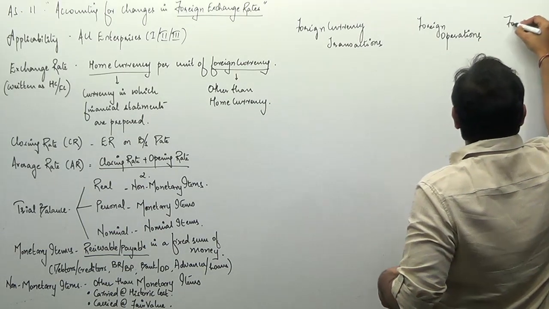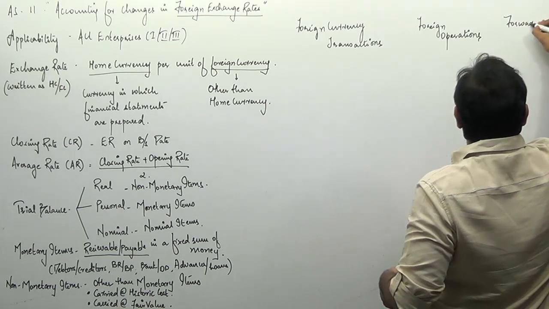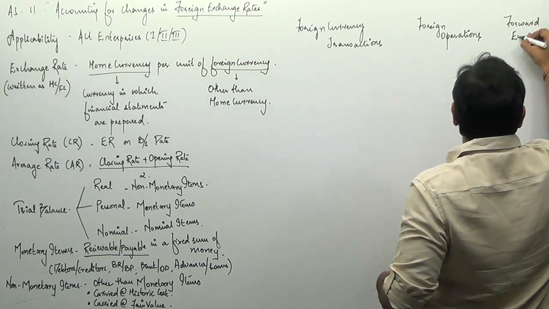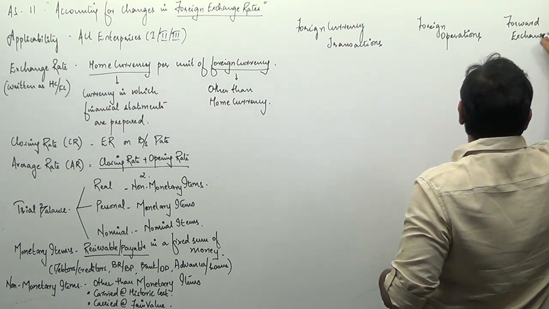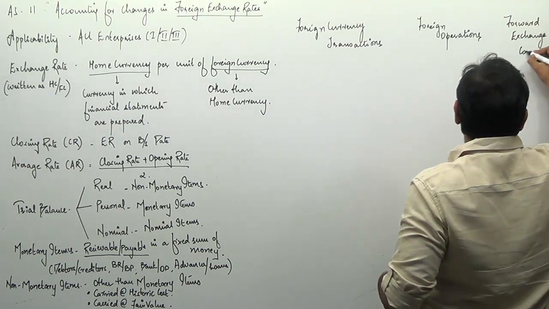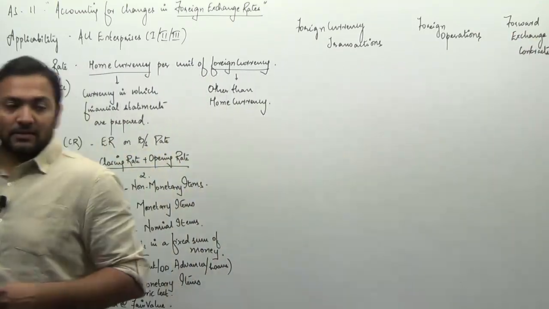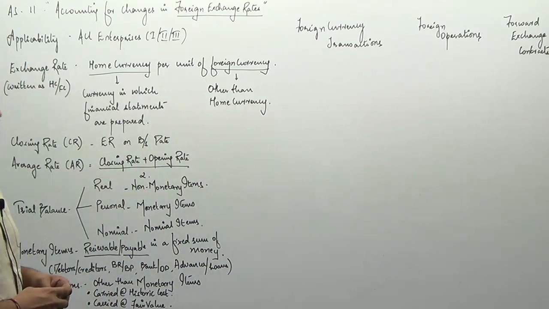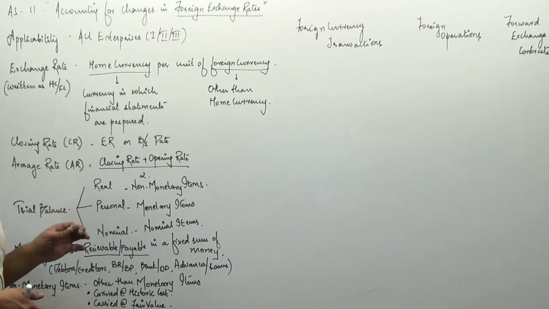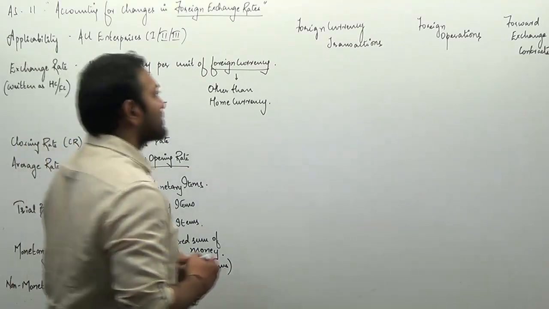And the third part we discuss is forward exchange contracts. These are my three parts as far as the standard is concerned. Once we discuss these three parts of the standard, that will bring us to the close of the standard: foreign currency transactions, foreign operations, and forward exchange contracts.